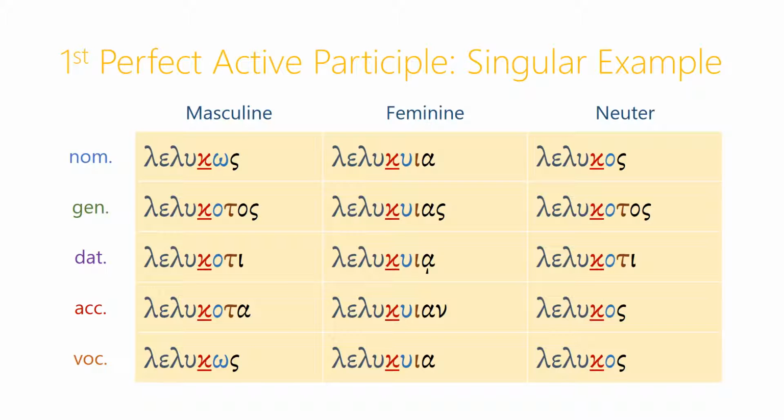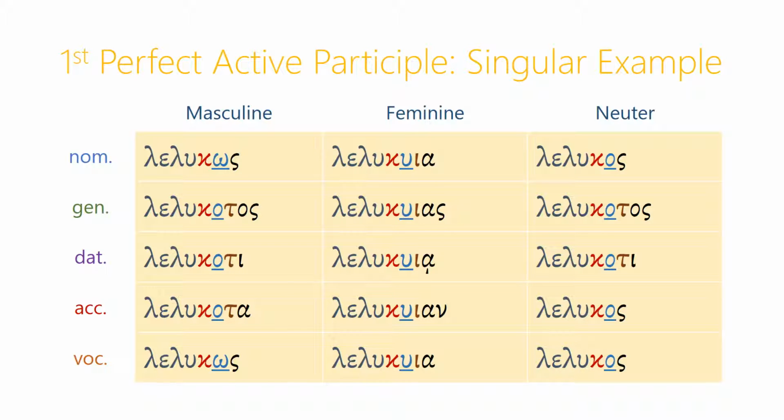Here's a full example of all the forms of the first perfect active participle for luo in the singular number. So the nominative masculine singular is lelukos, the genitive is lelukautos, dative is lelukauti, etc. One of the things we can notice is that in the first perfect participle, the kappa tense indicator is there throughout in each form.